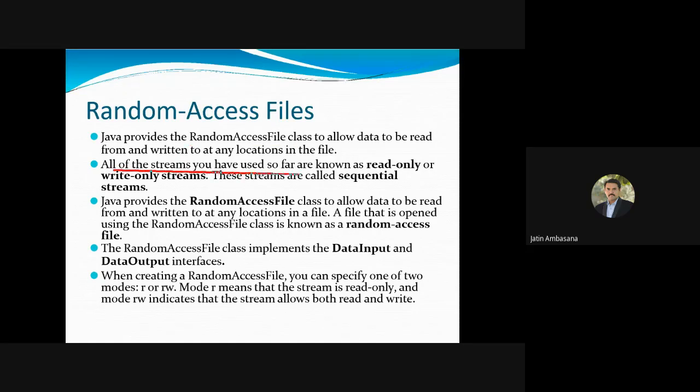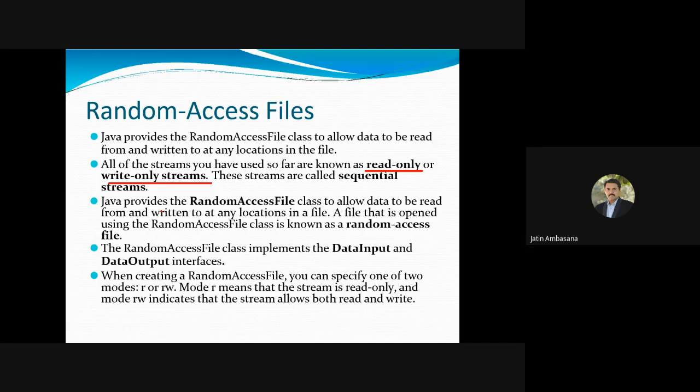And all the streams that we have used so far are basically read-only or write-only streams. Either the file input stream, which is read only, file output stream, which is write only, data input stream, reading only, data output stream, writing only.